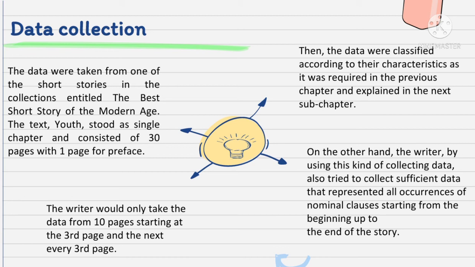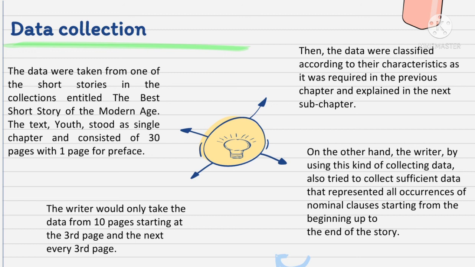Okay, next, this is the last point, data collection. The first, the data were taken from one of the short stories in the collection entitled The Best Short Stories of the Modern Age. The story stood as a single chapter and consisted of 30 pages with 1 page per preface. The writer will only take the data from 10 pages, starting at the third page and then every third page.